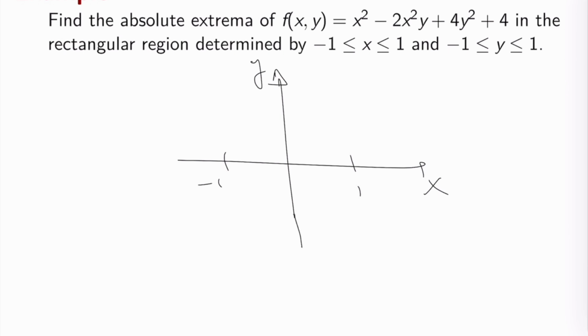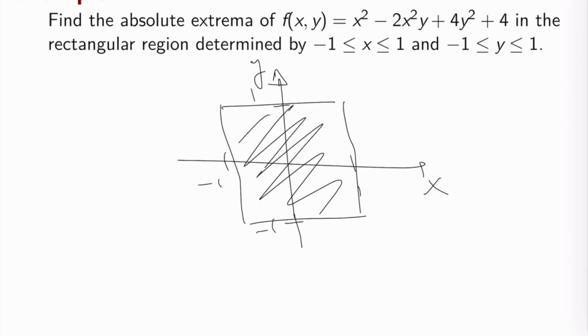We consider this region D in the domain. I'm going to draw just the x and y axis. The x varies between -1 and 1, and the y varies between -1 and 1. So this is the domain here where we are going to calculate the maximum and minimum.